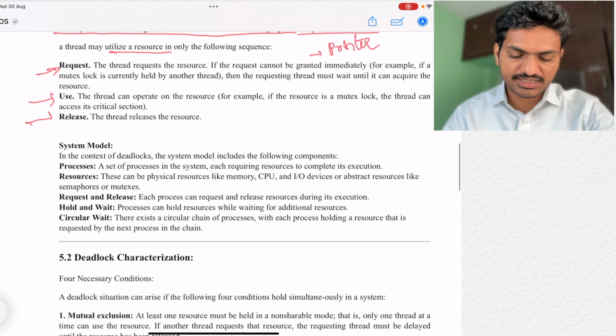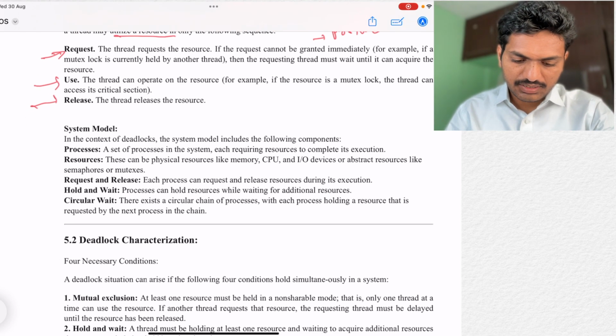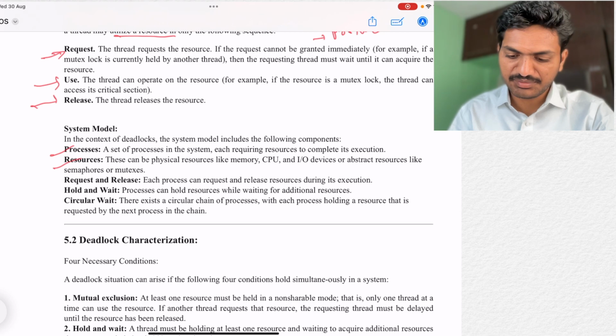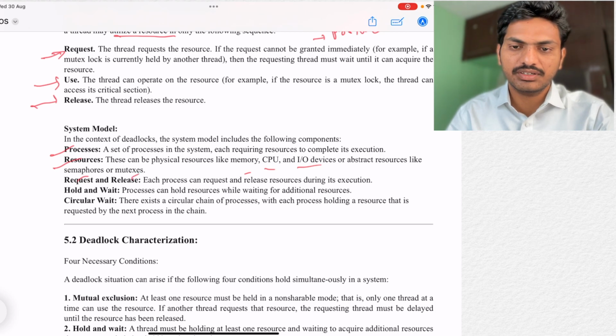Next, this is the system model. There are some processes and some resources. Resources means system resources: memory, CPU, IO devices, and request and release. First you request, use, and then release.